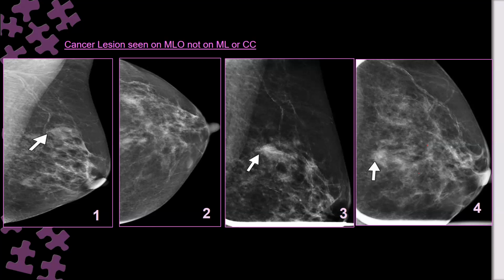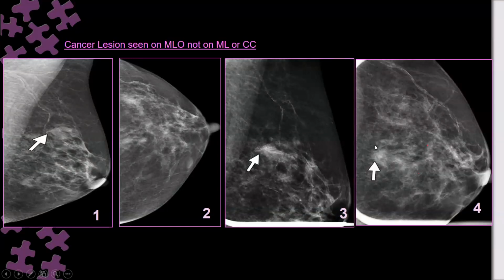What about number 4? This is the spot magnification for the CC view. Can you see anything in the CC view? I couldn't see the posterior portion because it's inadequate. So definitely this is not the CC, because this is your CC.